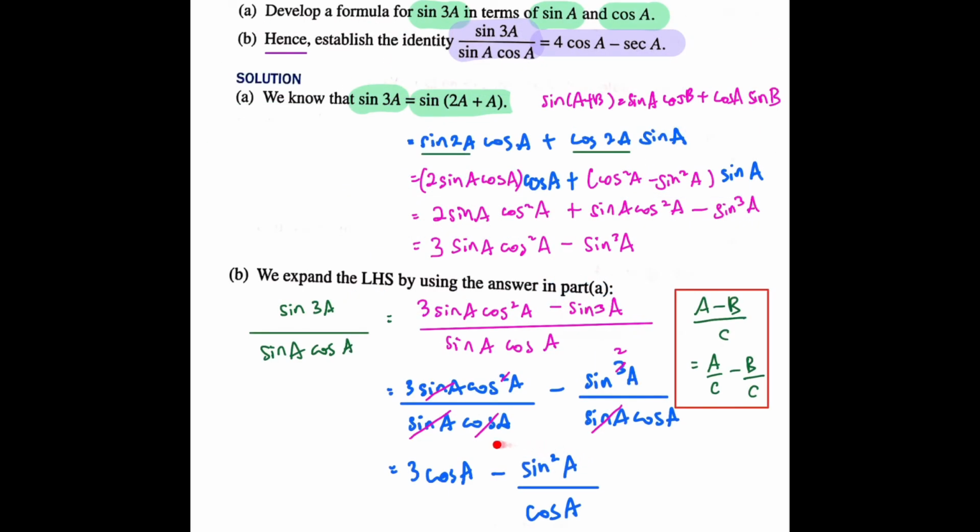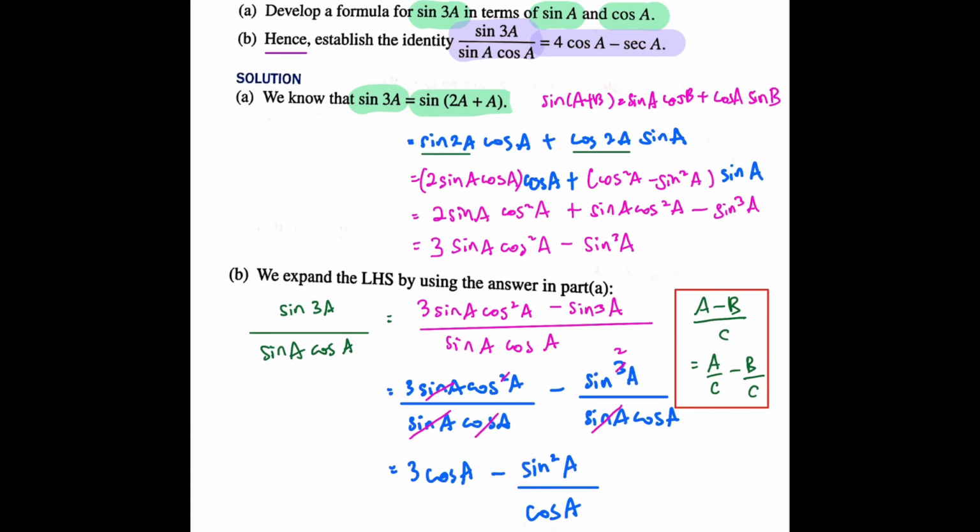Next, if you see this answer here and compare it to your right hand side that you need to achieve, you know that the first term here is almost there because you need 4 cos A and now you have 3 cos A. However, the second term here is not established yet. So we need to find secant. Secant is 1 over cos. However, you still have sine here.